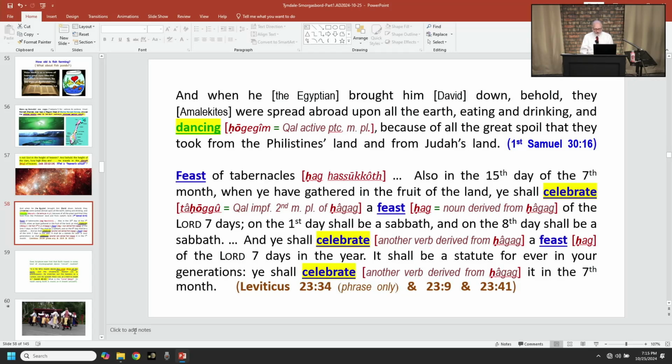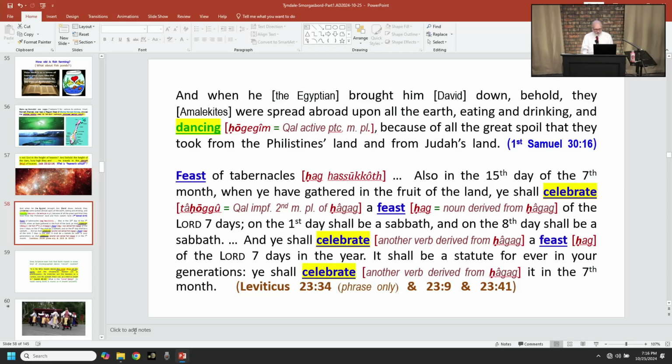If we were to look in Leviticus, we would read from chapter 23 the following. Also in the 15th day of the 7th month, when you have gathered in the fruit of the land, you shall celebrate. Now here is a form of the verb hagag. What is it you're to celebrate? A feast. Now here's a noun derived from the verb hagag.